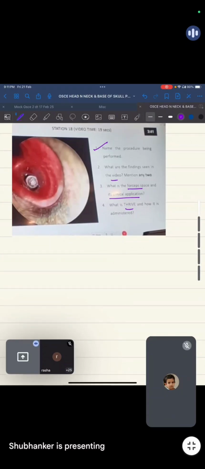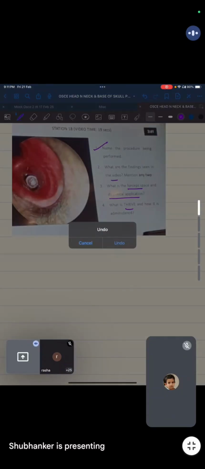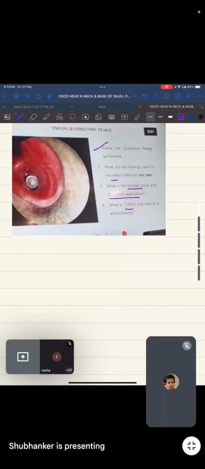So I'll say in simple words that this is increased space between the lung roots and the carina, when the person inhales.